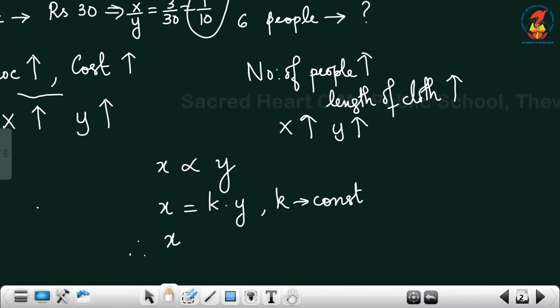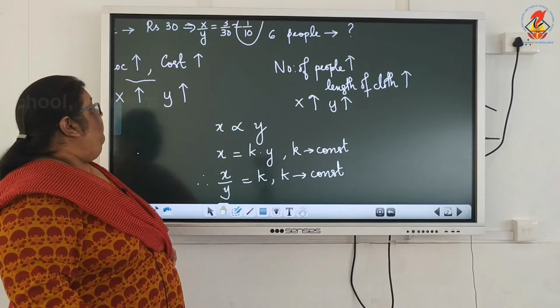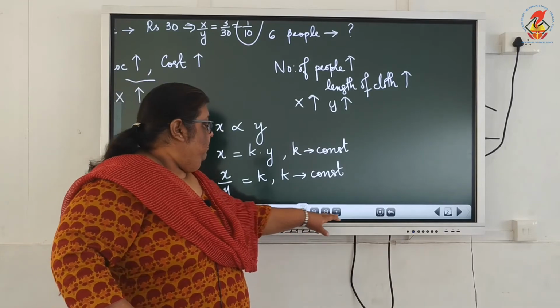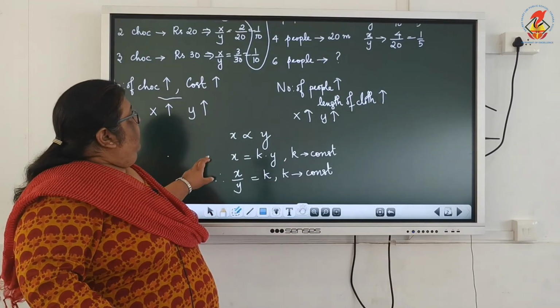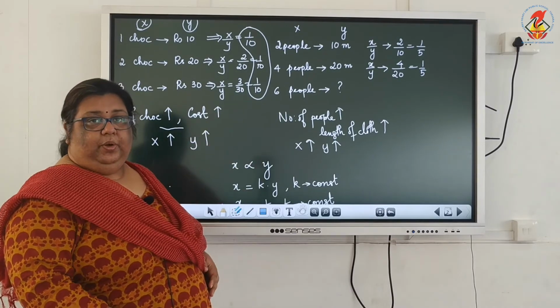Therefore, the ratio x by y is equal to k, where k is a constant. When I take the ratio of those two variables, it will always remain a constant. You saw in the example problems. 1 by 10 throughout, 1 by 5 throughout.